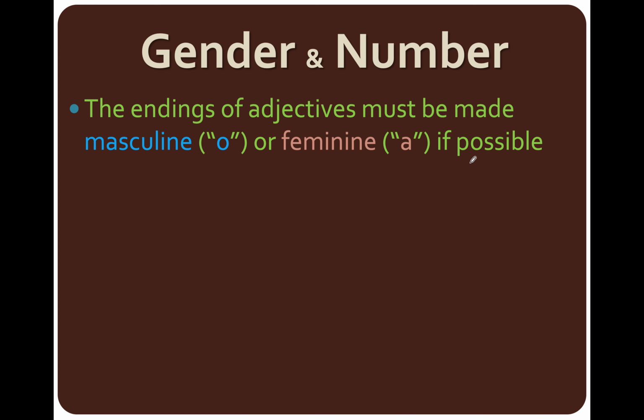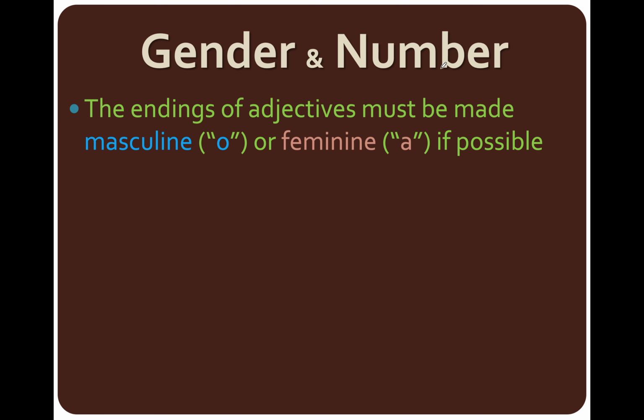There are some adjectives that don't end in an O or an A, so therefore we got to do something different there. So we'll look at those words in a second. But usually O is for masculine, A is for feminine, if possible. So again, we'll see some examples in a second. So we got gender down.